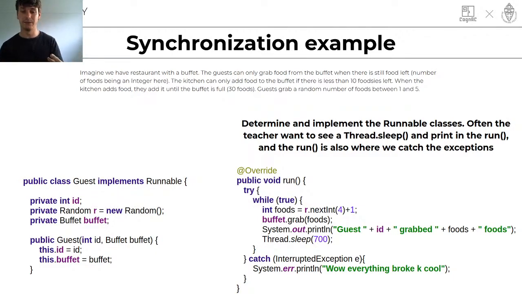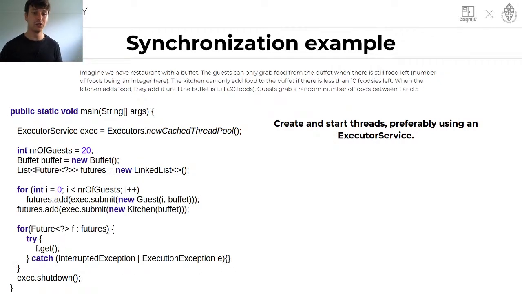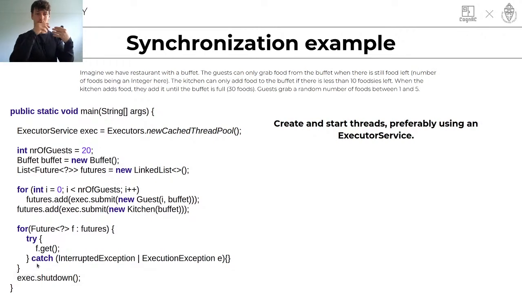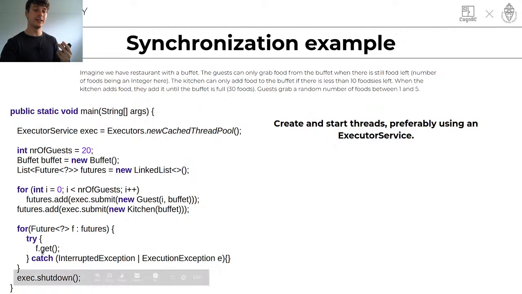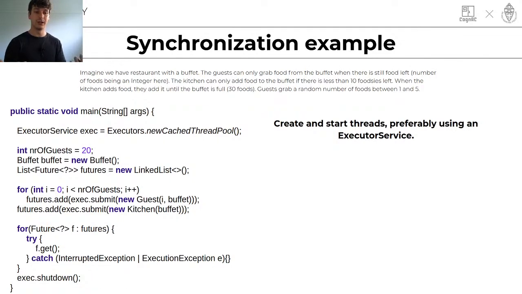But that being said, the futures don't care if there's actually a return statement. But it does try in this f.get to... essentially when there's no return statement, the f.get will basically be an indication of when the thread is actually finished.